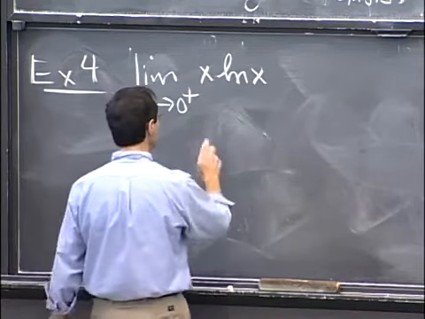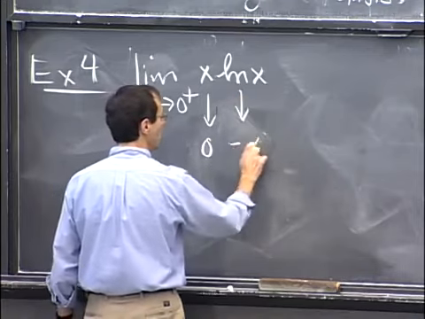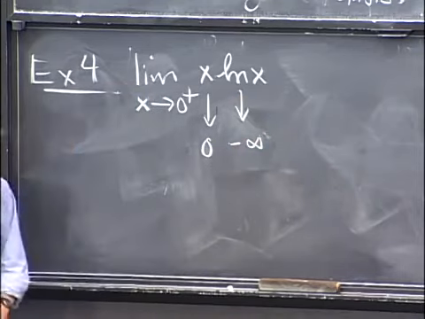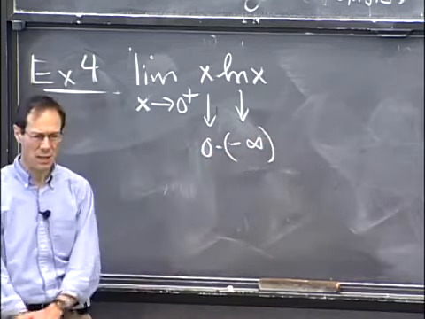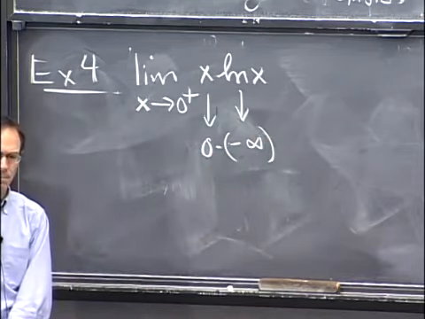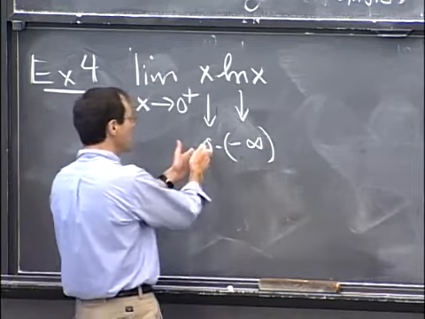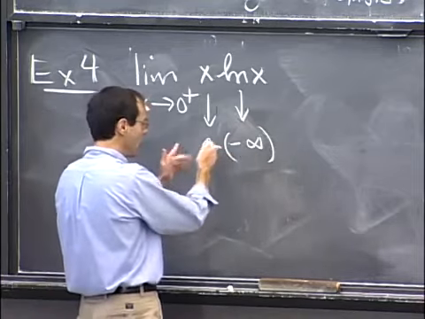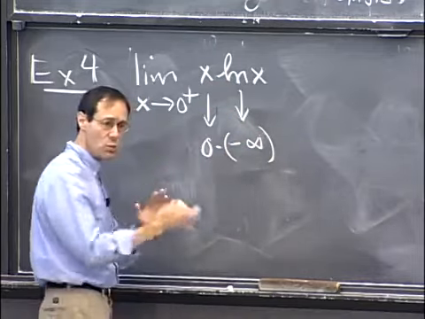So why is it an indeterminate form? This one goes to 0, and this one goes to minus infinity. So excuse me, this is a product. It's 0 times minus infinity. So that's an indeterminate form because we don't know whether the 0 wins or the infinity wins. This could be getting smaller and smaller and smaller, and this getting bigger and bigger and bigger. And the product could be anything in between.